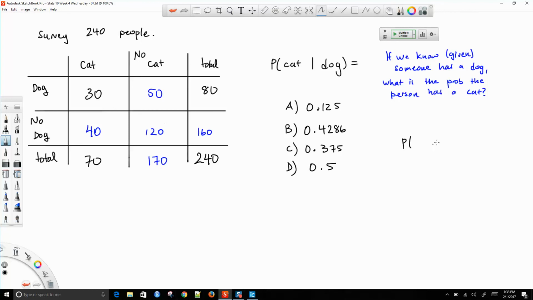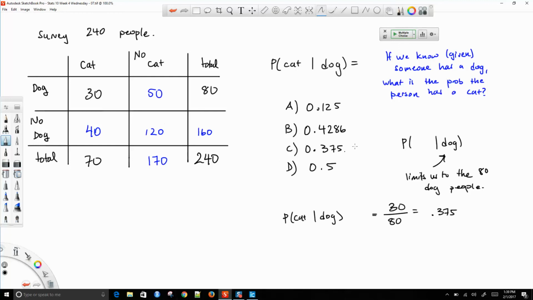So the probability of blank given dog limits us to the 80 dog people. In our denominator we would put 80, and out of those 80 people who have dogs, 30 of them have cats. And so therefore, the probability of cat given dog is equal to 30 out of 80, or 0.375. And so therefore, that is our answer.